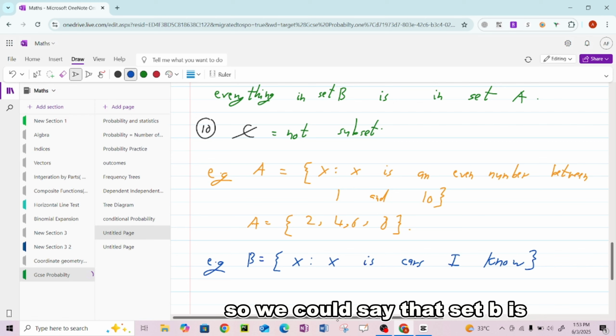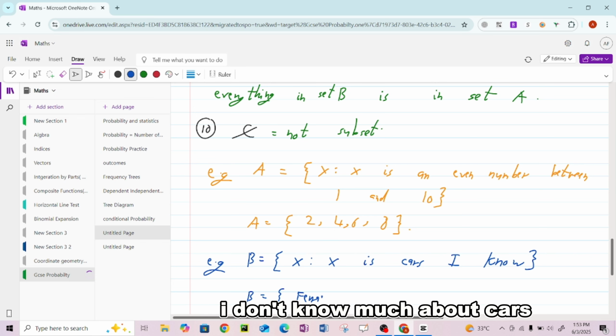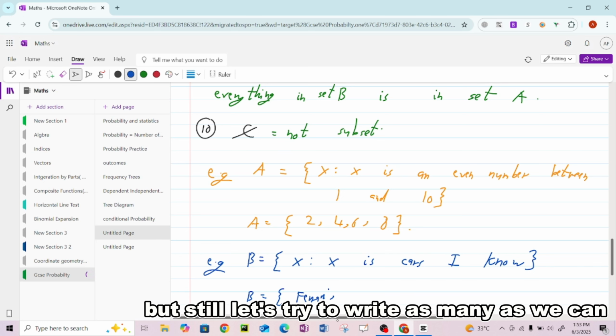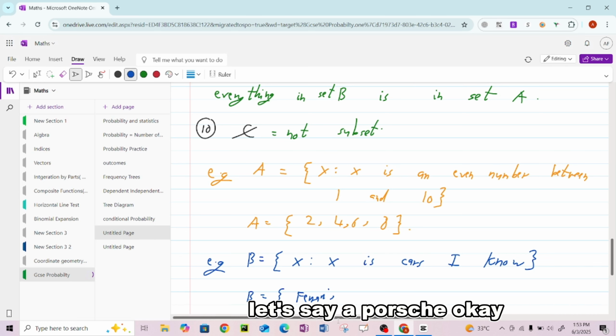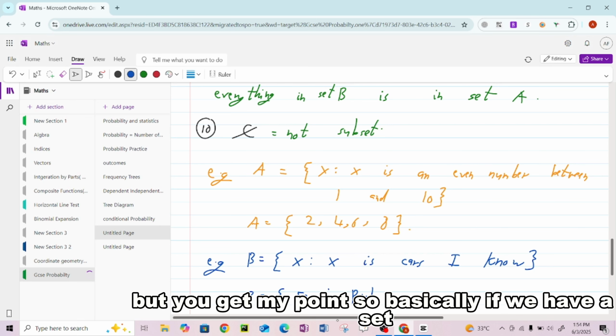So we could say that set B is, let's say, a Ferrari. I don't know much about cars, but still, let's try to write as many as we can. Let's say a Porsche. Let's say a Lamborghini. I don't know how to spell it, but you get my point.